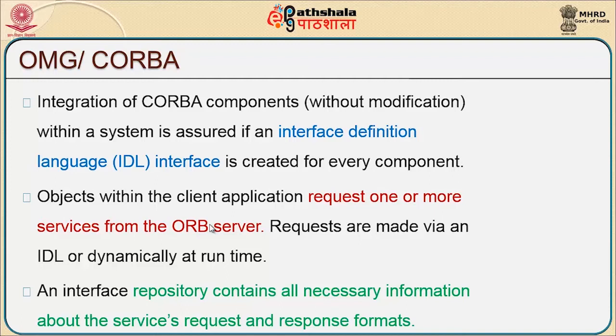Requests are made via an interface definition language or dynamically at runtime. So it can be made directly with an IDL or through runtime. An interface repository contains all necessary information about the service request and response formats. So this interface will have all the information related to the services and their requests, and it can again give the response in the required formats.